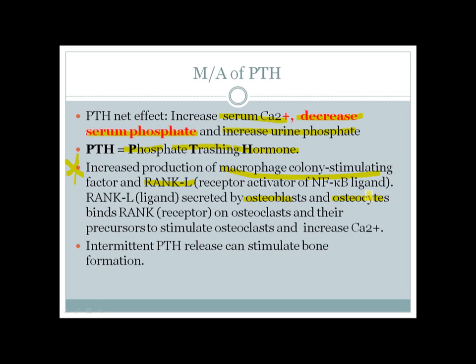This RANK ligand will ultimately activate nuclear factor kappa B in the osteoclasts, activating them. Whenever the osteoclasts are activated, there is increased resorption of bone, and the bone will lose calcium, which will ultimately lead to increased calcium in the blood. Intermittent parathyroid hormone release actually stimulates bone formation, which is normal.